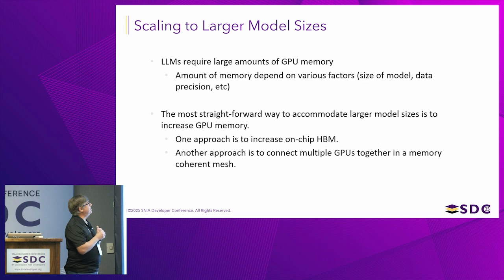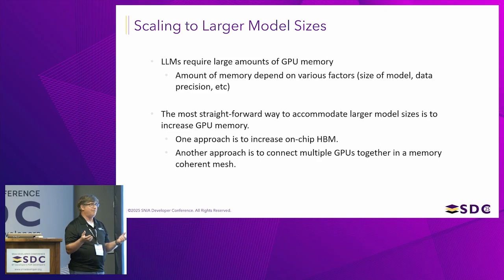One of the things you can do is increase the amount of HBM on your GPU. AMD and NVIDIA are both rapidly trying to do that. You do run into some limitations about how much memory you can effectively pack onto a SoC.